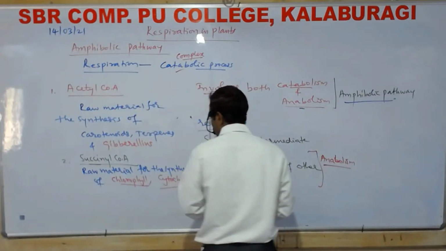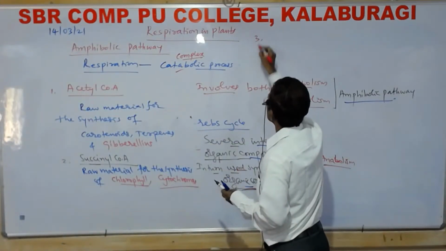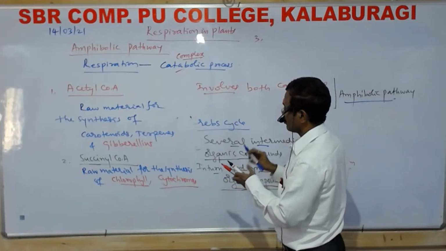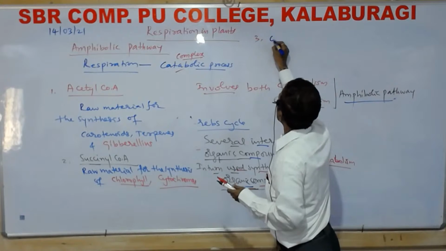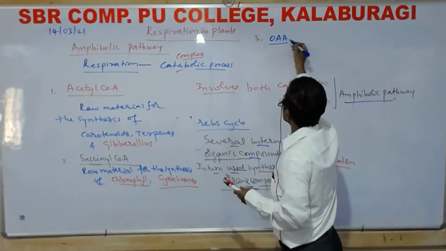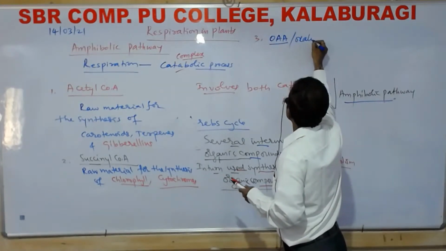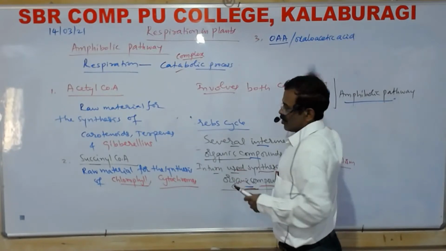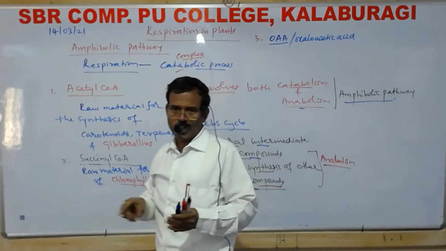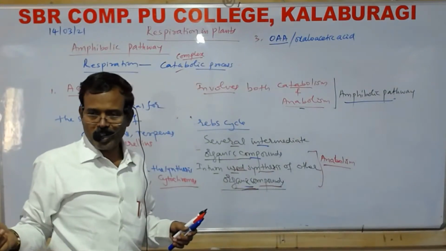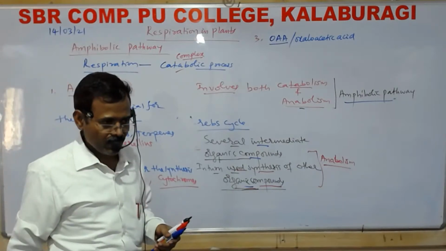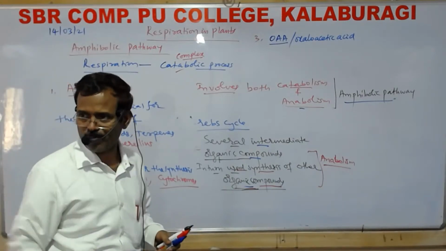Then another example I'll give. Third one, that is oxaloacetic acid. This oxaloacetic acid is going to condense with acetyl coenzyme to form the first stable 6-carbon compound, citric acid. That is the starting of the Krebs cycle, the first step itself.